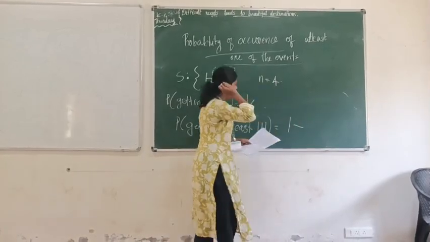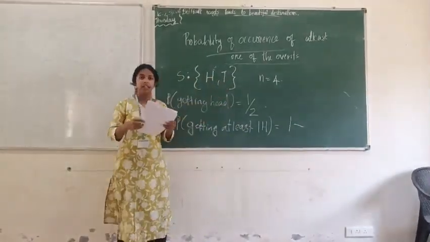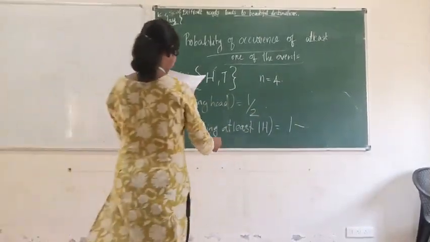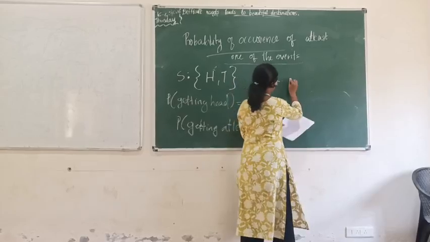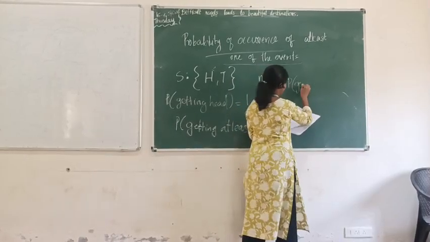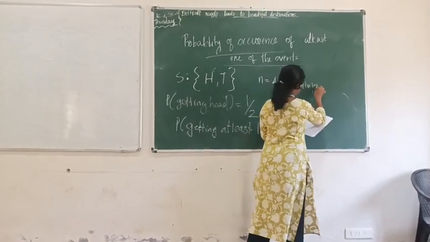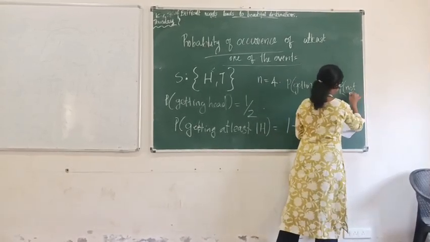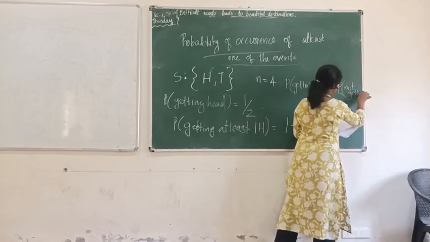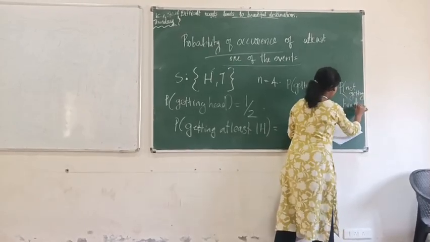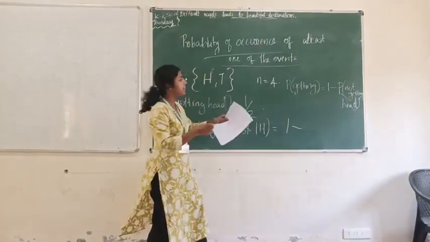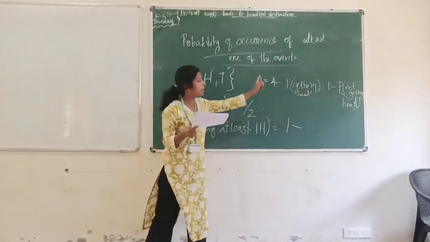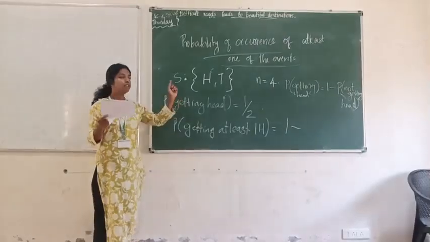P of getting at least one head is equal to 1 minus P of not getting a head. What is the probability of not getting a head?